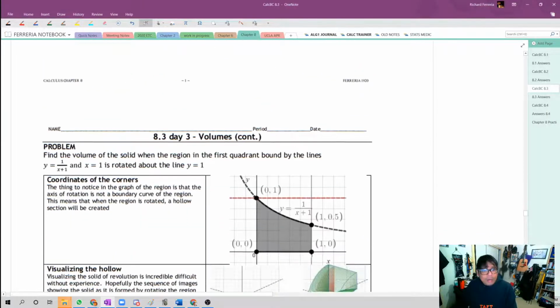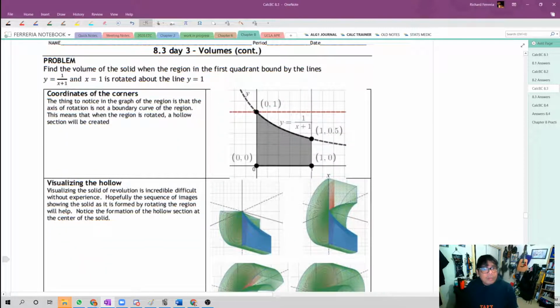Let's take a look at what we have here. Okay, so find the volume of the solid of the region in the first quadrant bound by these lines, 1 over x plus 1 and x equals 1. And we're going to rotate that around the line y equals 1. So here is the line x equals 1.